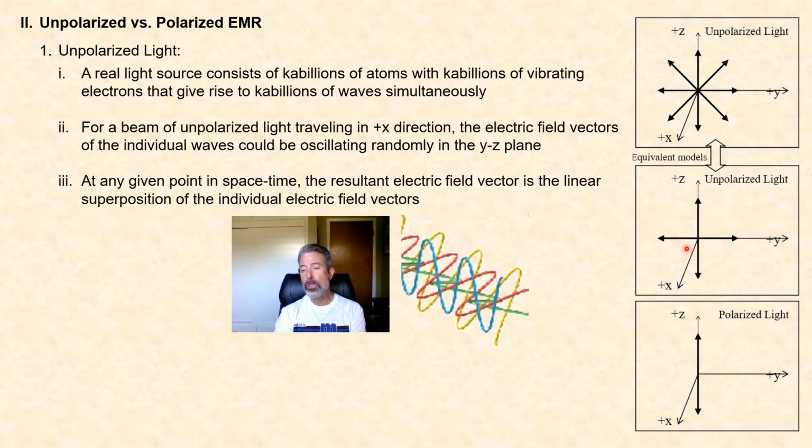And you realize that this is a lot easier. We only have to draw 2 vectors, as opposed to these 4 over here. But you do realize that this picture right here and this picture are equivalent. They mean the same thing. So that is unpolarized light. Okay, when we talk about light being polarized, there are a couple of synonyms that you should recognize.